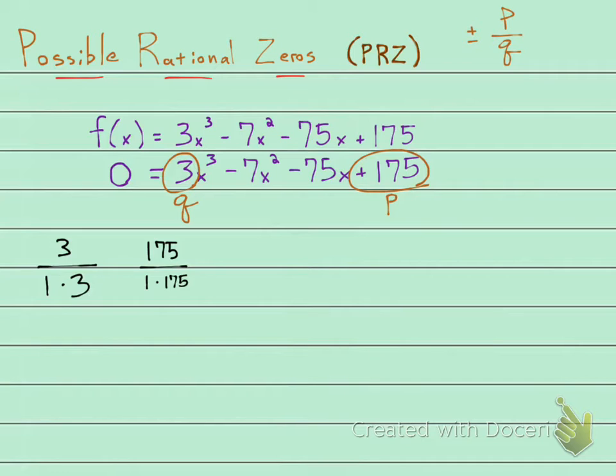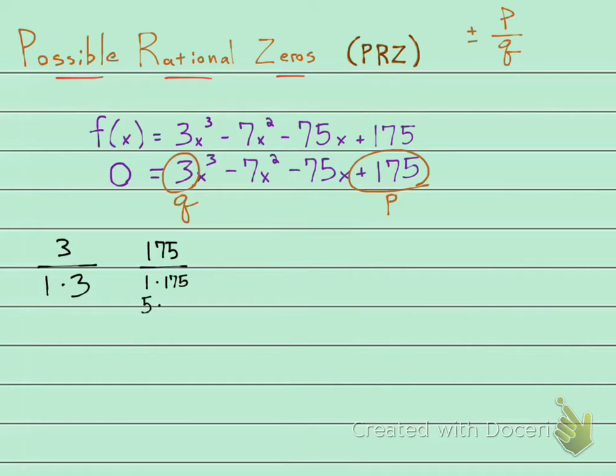Then 2. Does 2 go into 175? No, it's an odd number, but you might want to grab a calculator so you can follow along. 175 divided by 2, no. 175 divided by 3, no. 175 divided by 4, no. 175 divided by 5, yes.